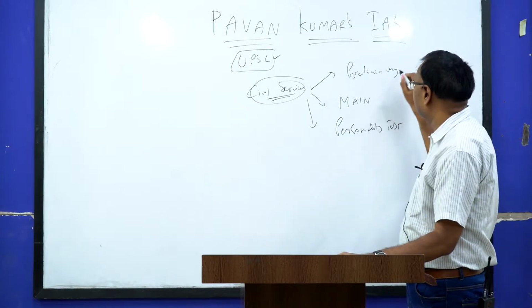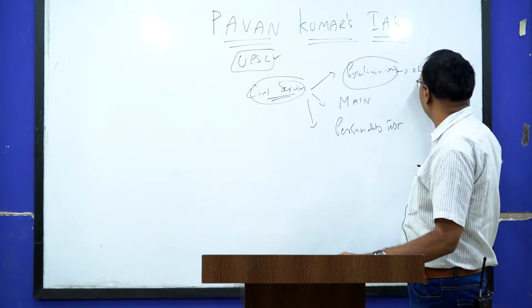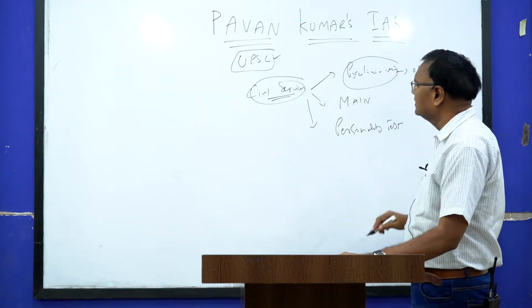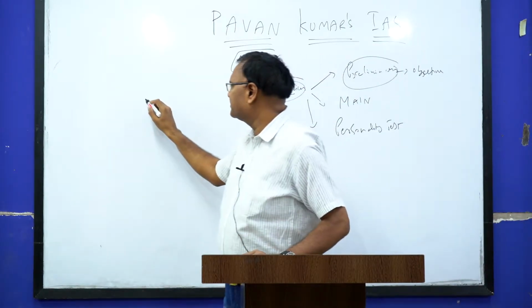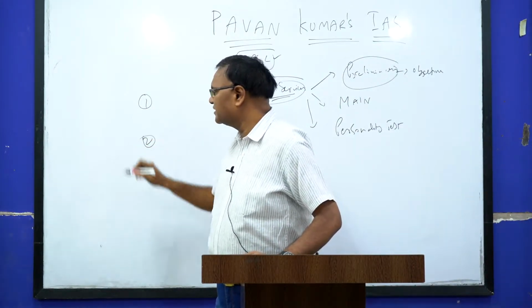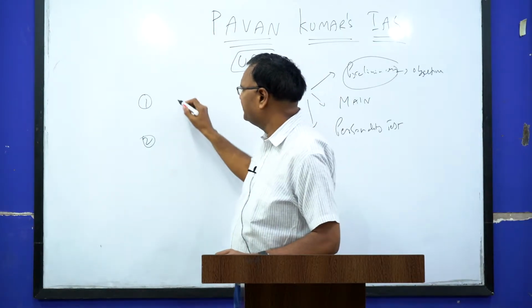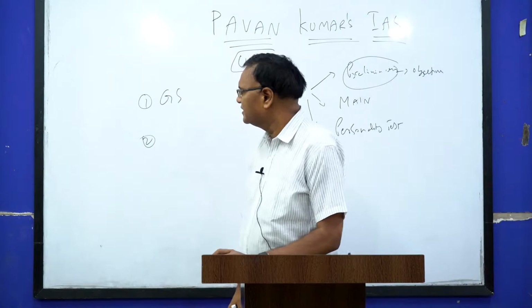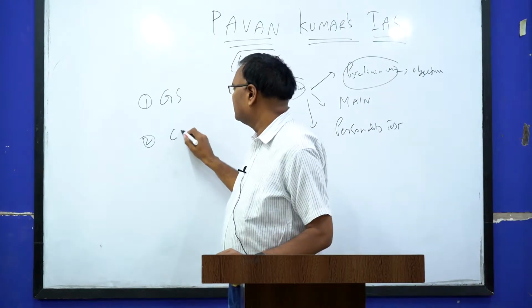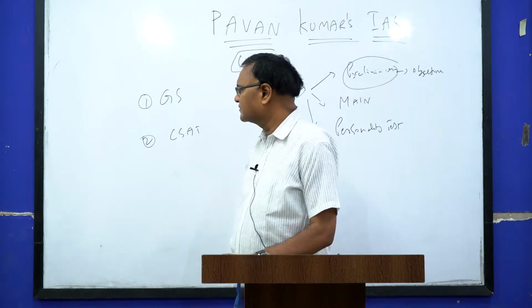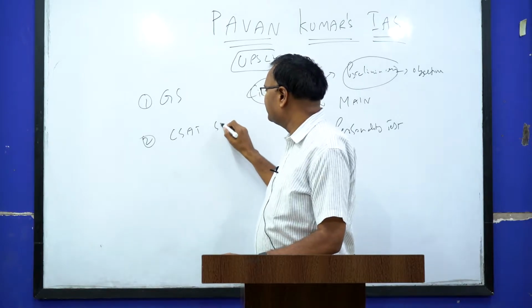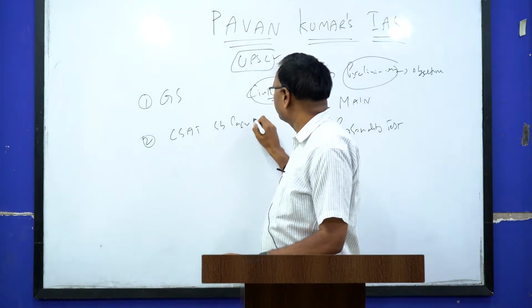This preliminary examination is of objective type. In this prelims, students are expected to take 2 examinations. One is General Studies, and the second one is what is known as CSAT or GS Paper 2.